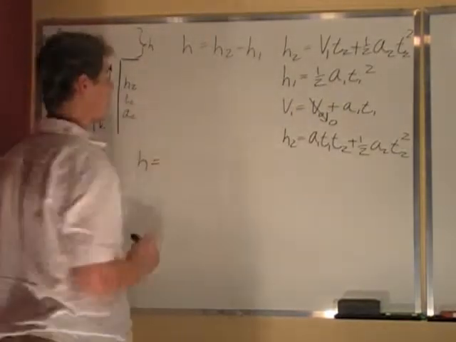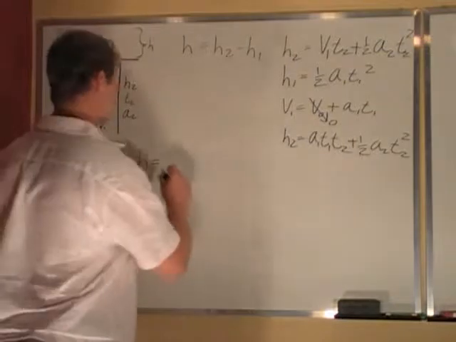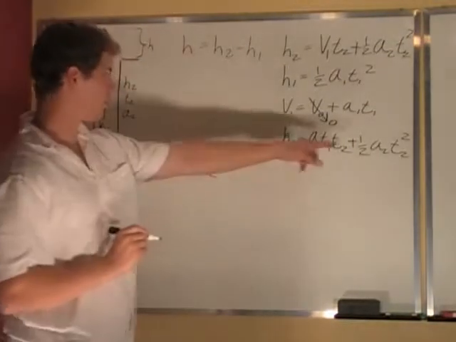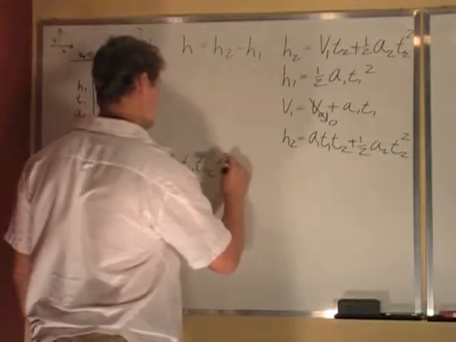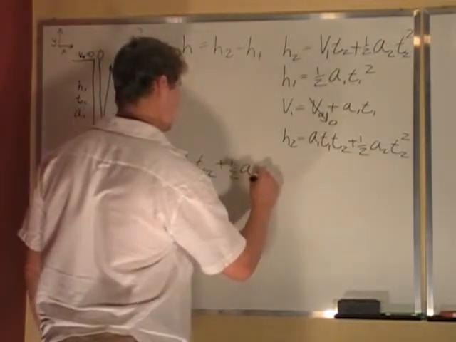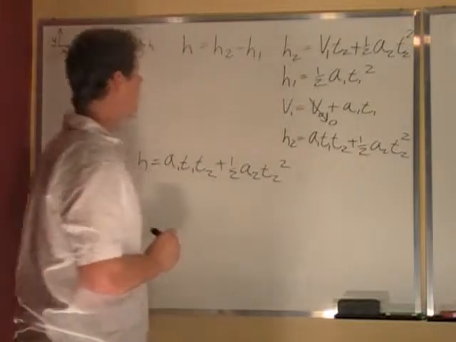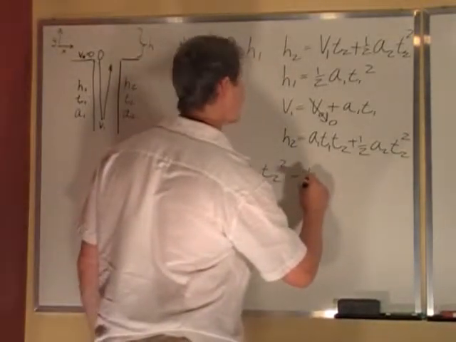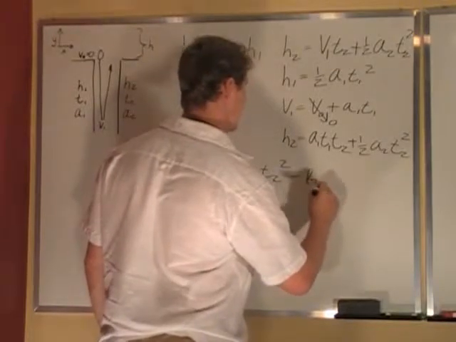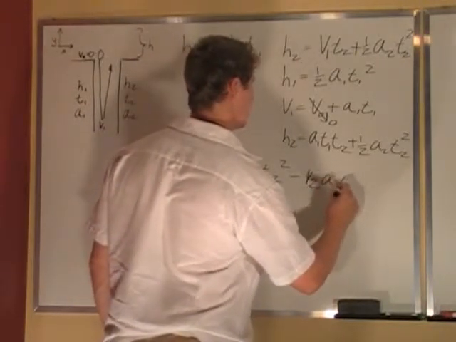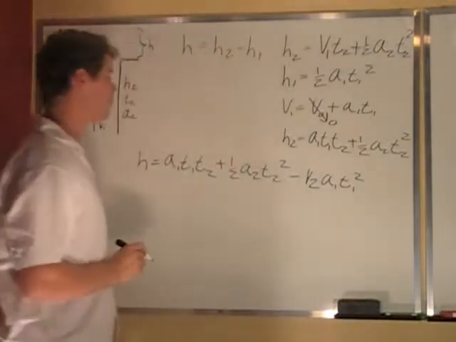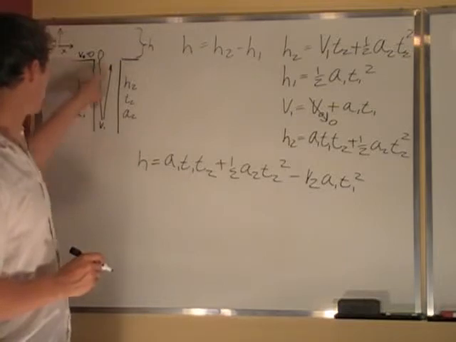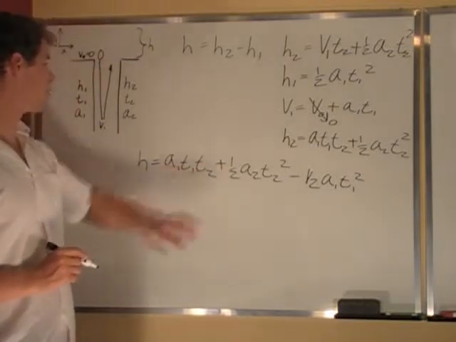H equals h2, which is this, a1 t1 t2 plus 1/2 a2 t2 squared, and I subtract off h1, minus 1/2 a1 t1 squared. So this is my formula that relates the height that this travels to the accelerations and the times.